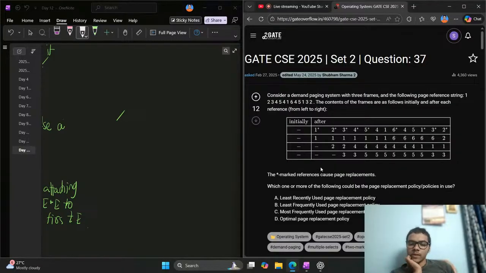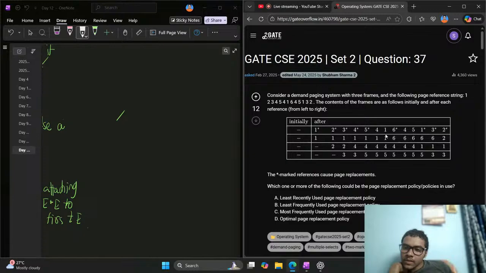Okay. Least frequently used. We cannot decide that. Most frequently used. We cannot decide that one as well. Alright, so 5 is not there. So 3 is selected. I don't know why.